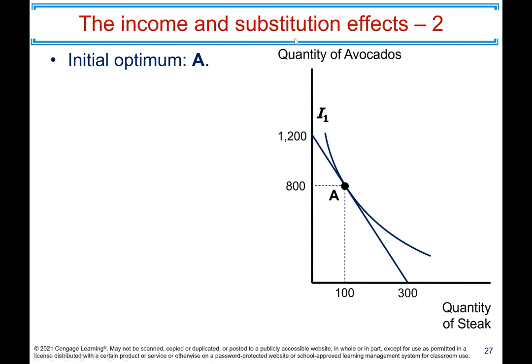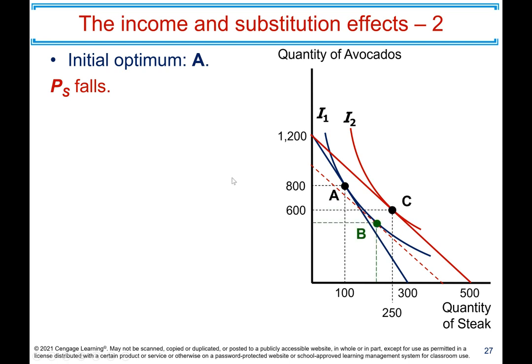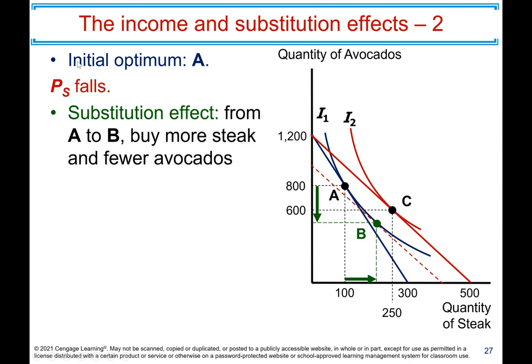The income and substitution effects. Initial optimum is point A. Price falls, and the new optimum is on the new budget constraint. Let's identify the substitution effect.